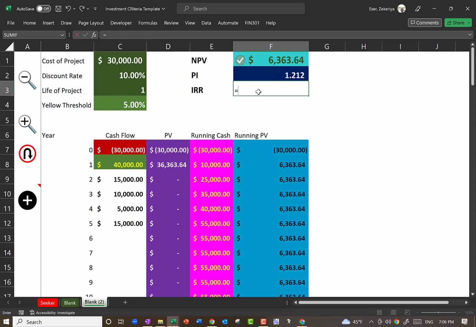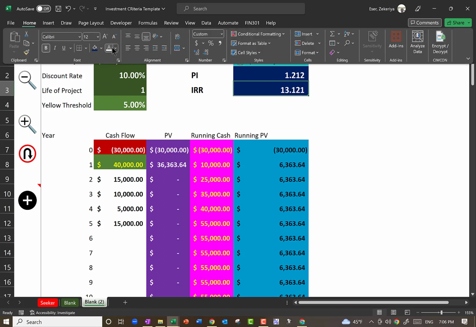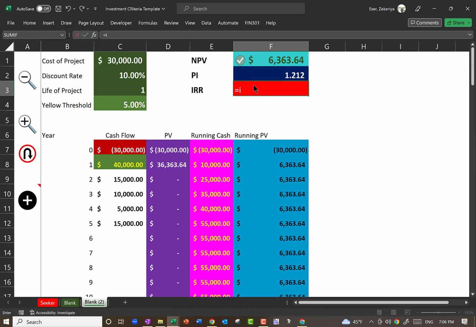And you probably guessed the name of the function. Exactly. And let me do this different font. The IRR function technically has two arguments. The first argument is starting with the year zero, all the cash flows.